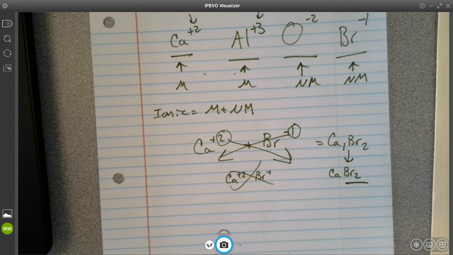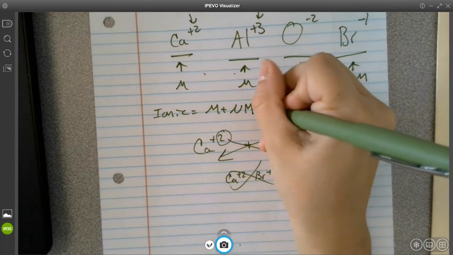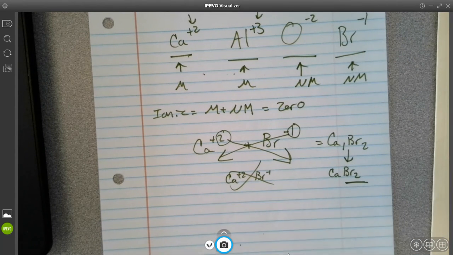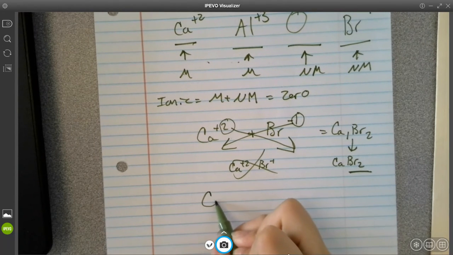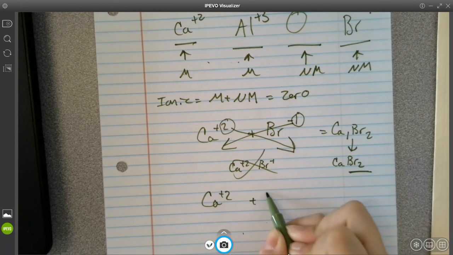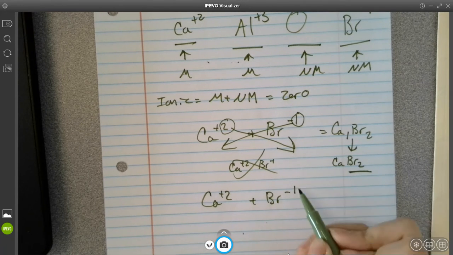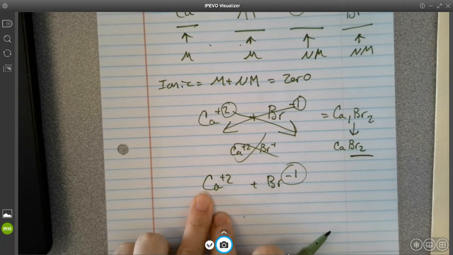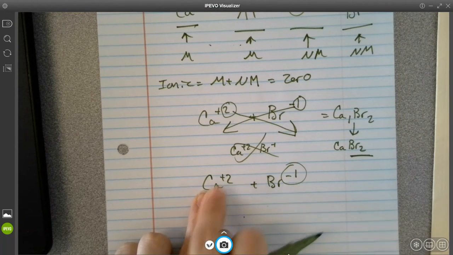Now, here's where it comes into play: ionic compounds will always end up having a 0 charge overall. So if you're wanting to look at this in a different aspect, if I have bromine with a -1 charge, how many bromines would I need to cancel out 1 calcium with a +2?